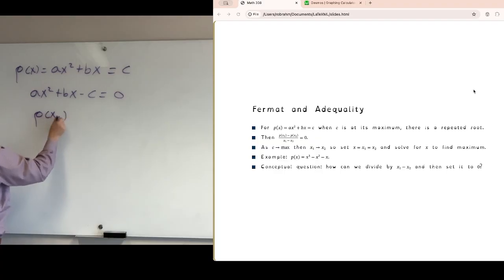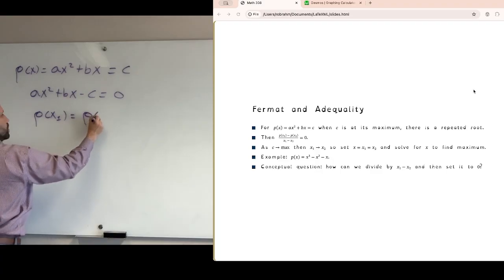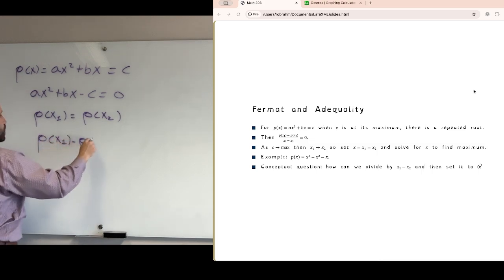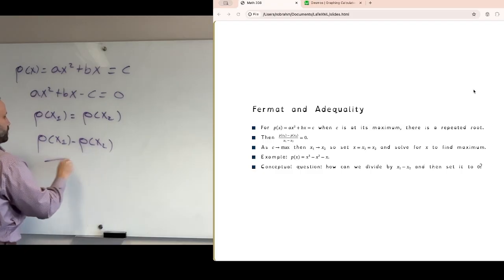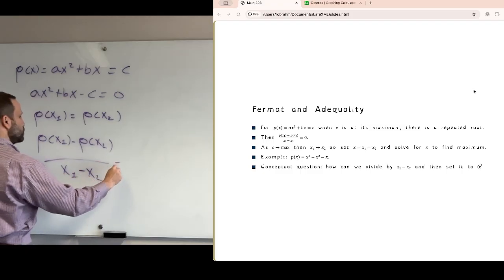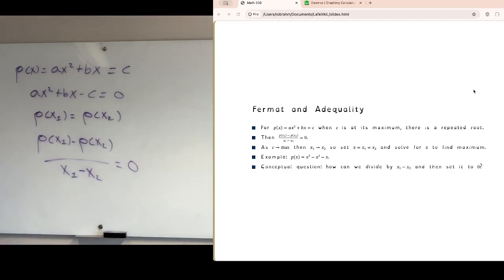And if I look at roots of this equation, that is where you plug in x1 here and you get 0, we've got p of x1 is equal to p of x2. And then if we subtract and divide by x1 minus x2, we get p of x1 minus p of x2 over x1 minus x2, set that equal to 0.